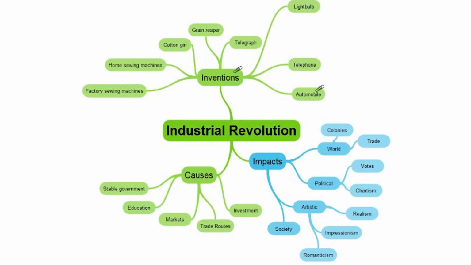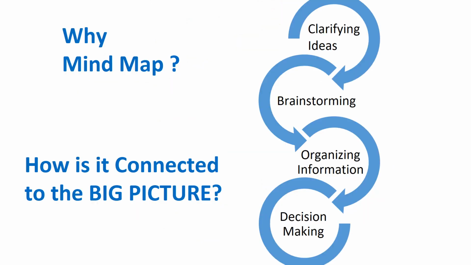The parent node in the middle is the revolution, and then the sibling nodes are the causes for the revolution, the inventions, and also the long-lasting impact. You may want to take a pause right now just to look over and get some ideas of how to make a mind web, as well as getting ideas of what we're going to be learning about in the course before we make the personal flight plans.